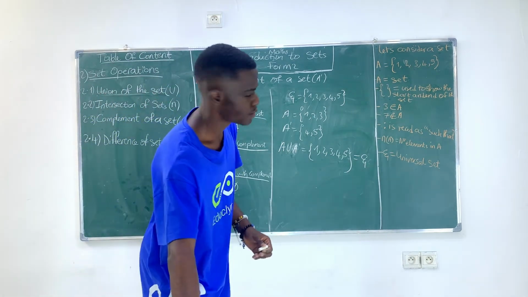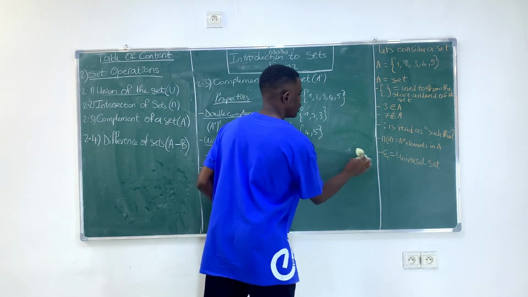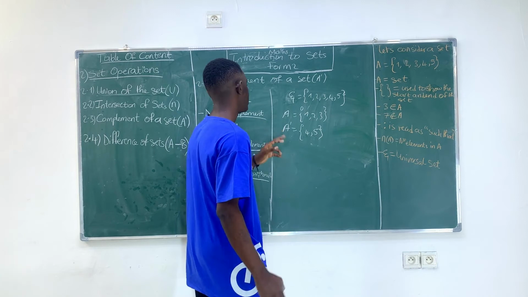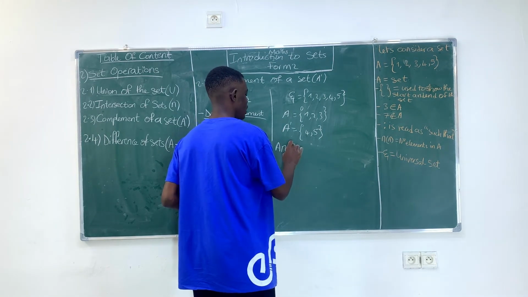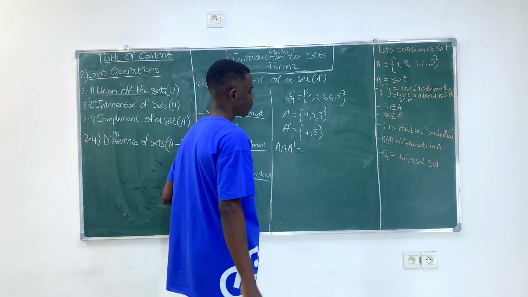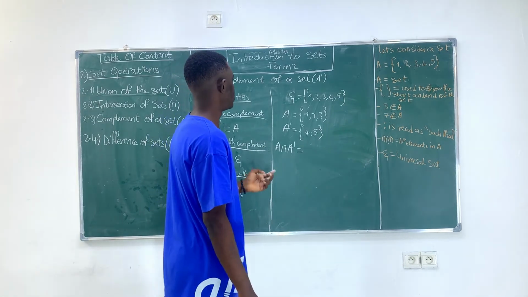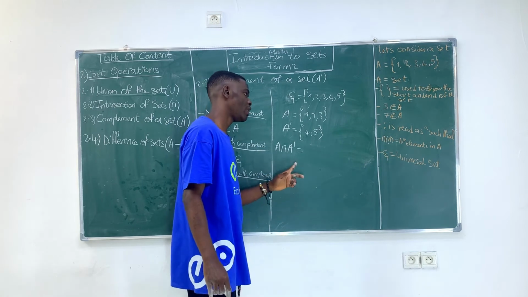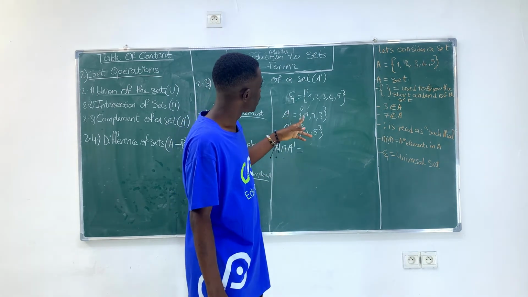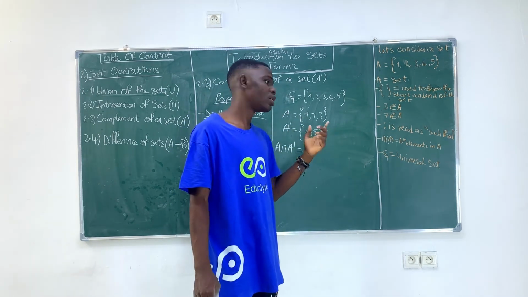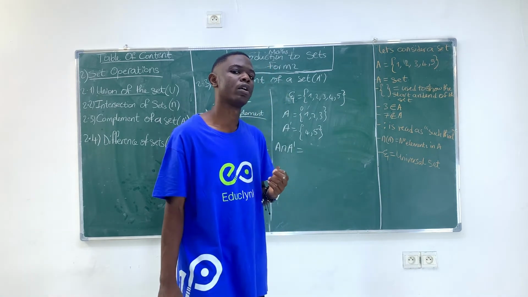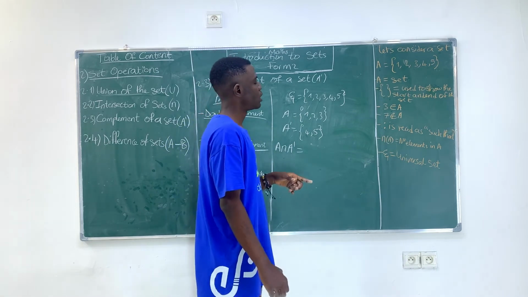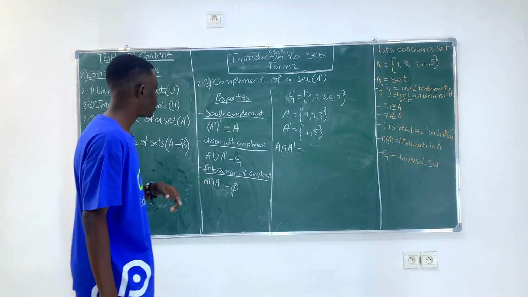So let's use our data and do an example. We have our A and our A prime. Let's see what A intersection A prime is. What is the meaning of intersection again? If I say A intersection A prime, it means the values that are in A and are also in A prime.